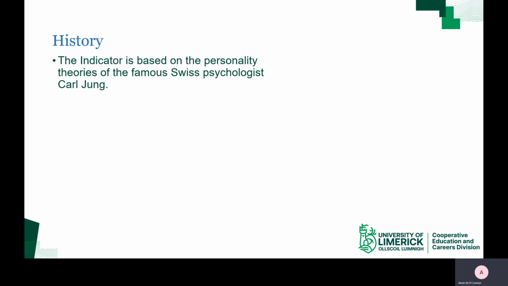Just to give you a background on the history of this particular tool, it was first introduced with the learnings from Carl Jung. He's a Swiss psychologist, and he developed the whole notion of types.